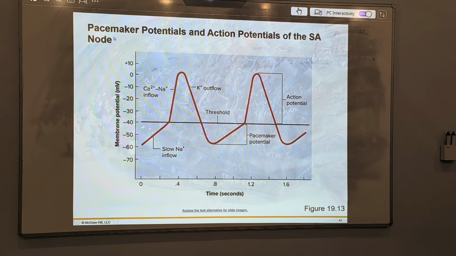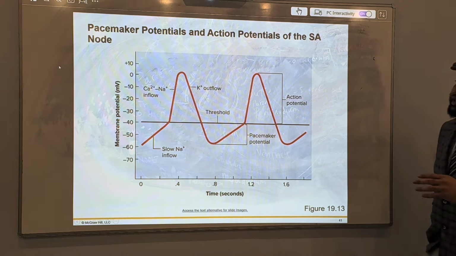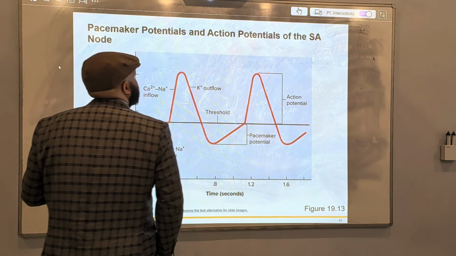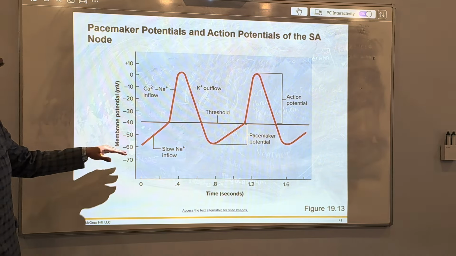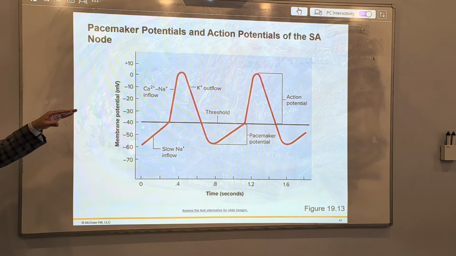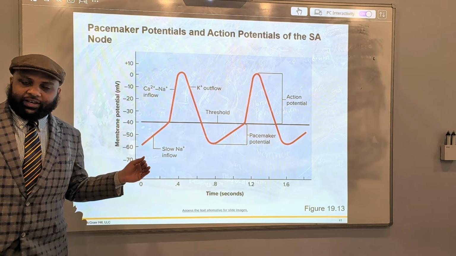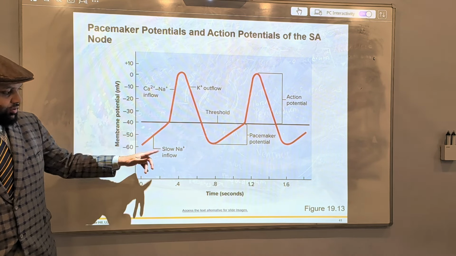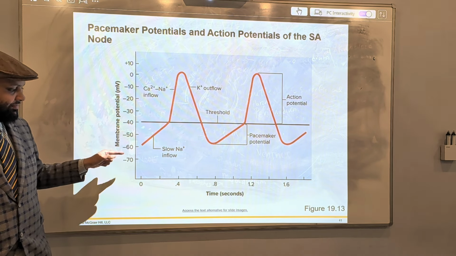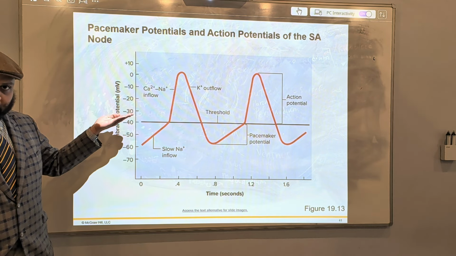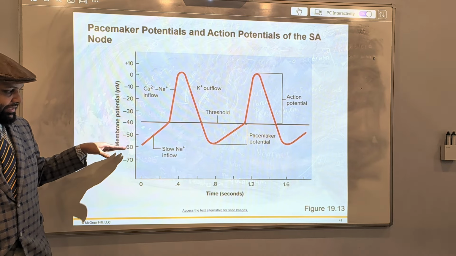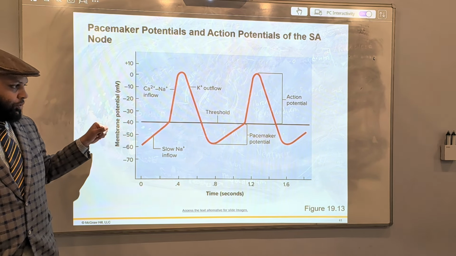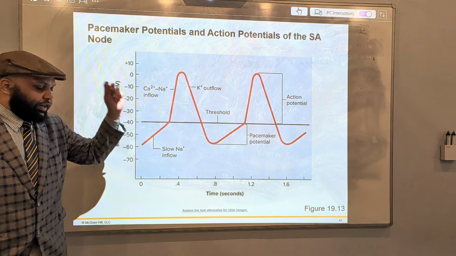Now, if you look into the pacemaker potential, you see that the resting membrane potential of the sinoatrial node is minus 60 millivolts. The depolarization phase is caused by the slow influx of sodium, which elevates the membrane potential from minus 60 to minus 40, and then the trigger has been pulled.